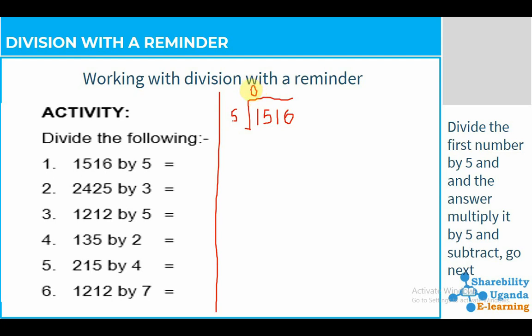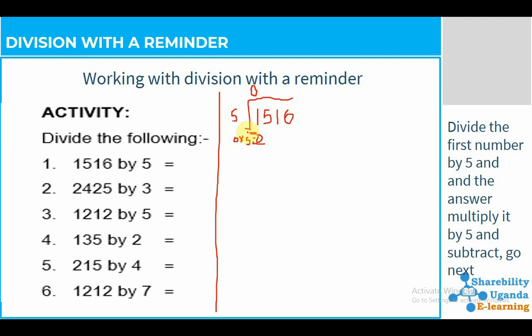because it is impossible. So we say 0 times 5, we shall be able to get a 0. This is for our first operation.